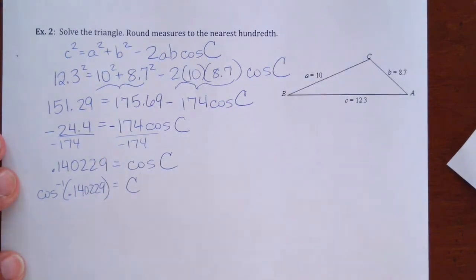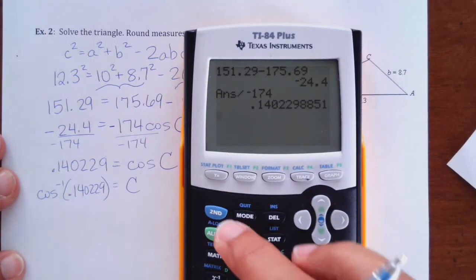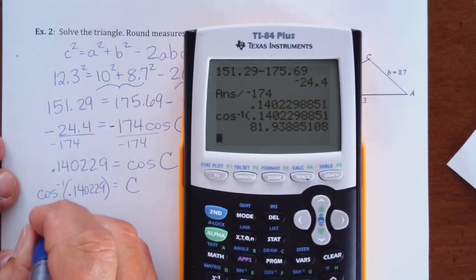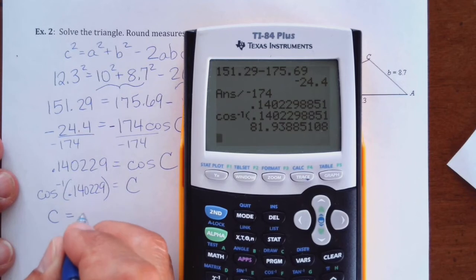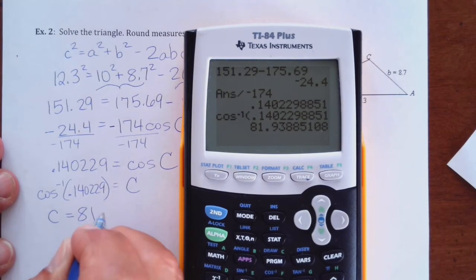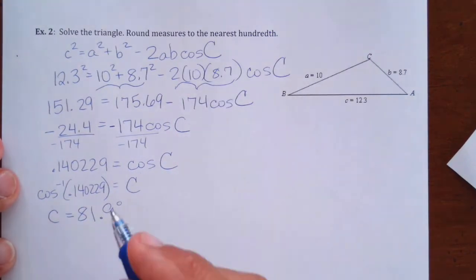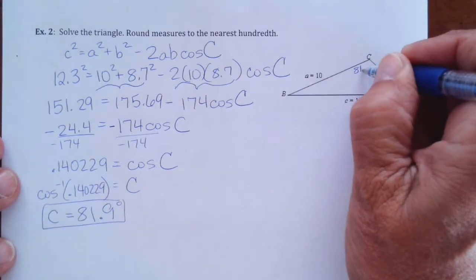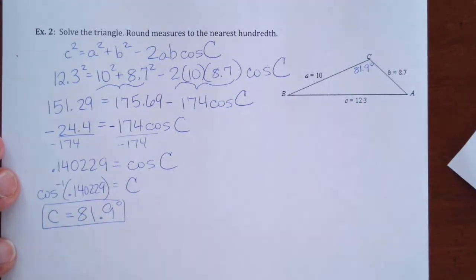Okay, so second cosine on your calculator of the decimal, and that gives us 81.9. Let's call it 81.9 degrees. Okay, so there's angle C, 81.9 degrees.